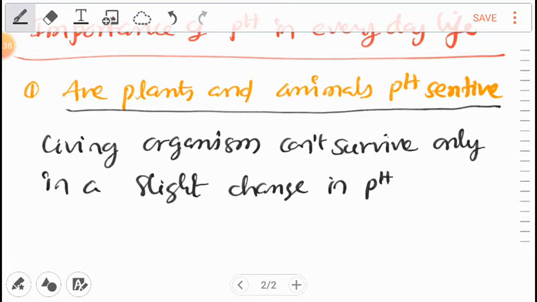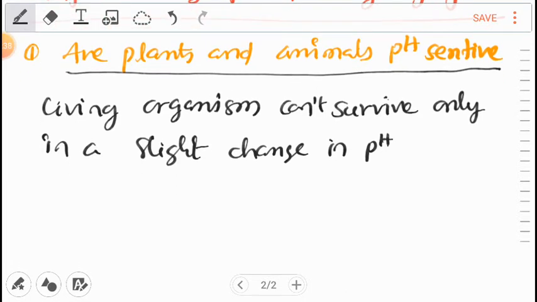So only a definite change in pH they will survive. So what will happen when the pH is changed? So how is pH changed?